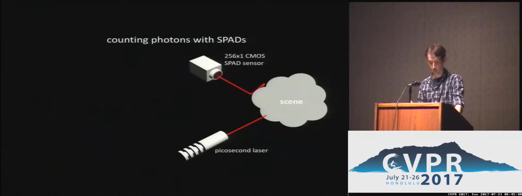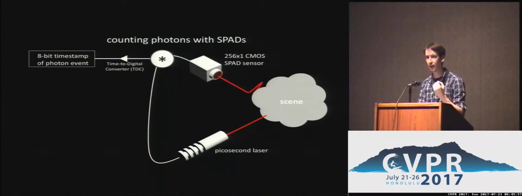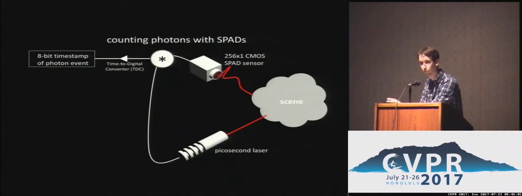And here's how a SPAD works. So we start off with a picosecond laser that sends a very short pulse of light into an environment. That light will interact with the scene in complex ways, and then eventually that light will hit our sensor. When a photon strikes a pixel on the sensor, the SPAD creates a time-stamped event. This is basically a time value that represents the time it took for that photon to travel from the laser, through the scene, and then onto the sensor.